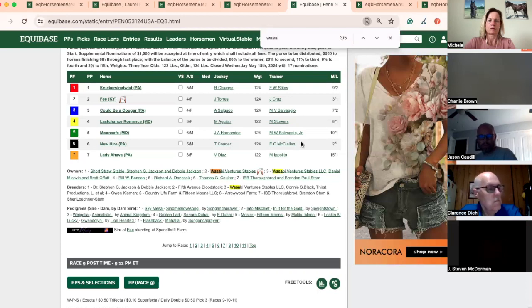The other thing is the reason most tracks got rid of it or made it optional is that they want to fill races, right? For example, if we wouldn't have been in this stakes race, if we were an entry, it would have been 6 horses, 6 betting entries. They would rather have 7, just from a betting perspective.